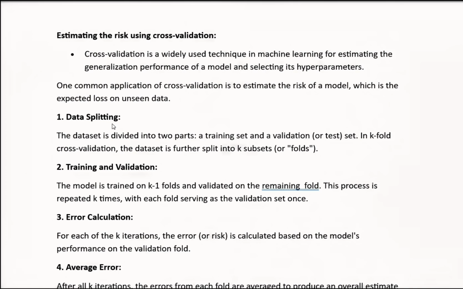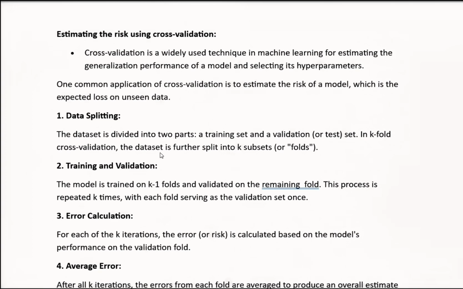Data splitting is a technique used in machine learning and data analysis to divide a dataset into two or more subsets, typically for training and testing purposes. There are two types. First, training set and testing set. The data is split into two parts: one is the training set and one is the testing set.